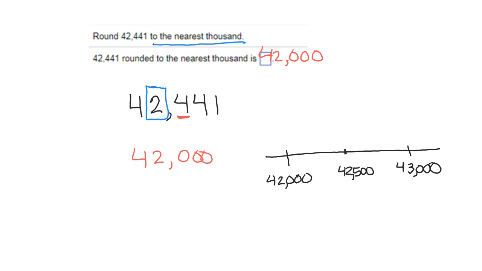So that means anything 42,500 or greater would go to the 43,000. And our value is 42,441. So I'm going to place a little dot and say that's my original number somewhere around there. It's probably a little bit off, but that's okay. So it's telling us we are going to round to 42,000 because it's closer to that number.